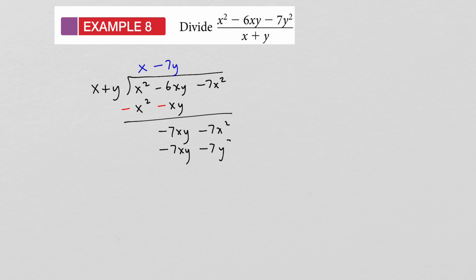Oops, sorry. This should be a y squared here. I wrote that down incorrectly. There we go. Now when I subtract those, notice that everything cancels and we get 0. And so the answer here is simply x minus 7y, and there is no remainder.